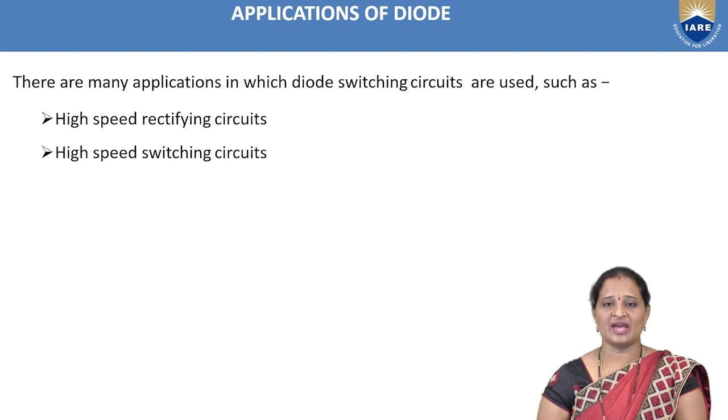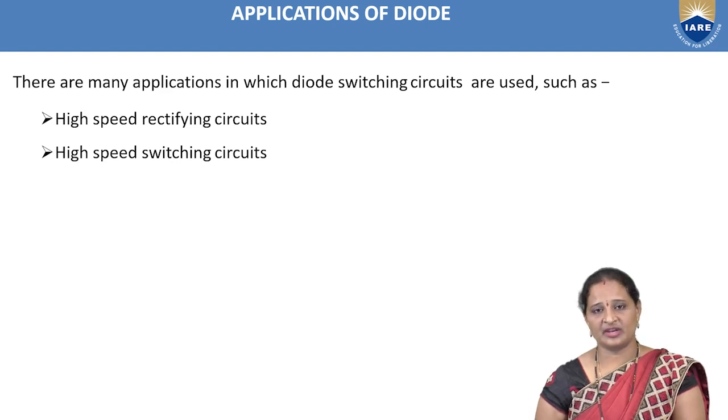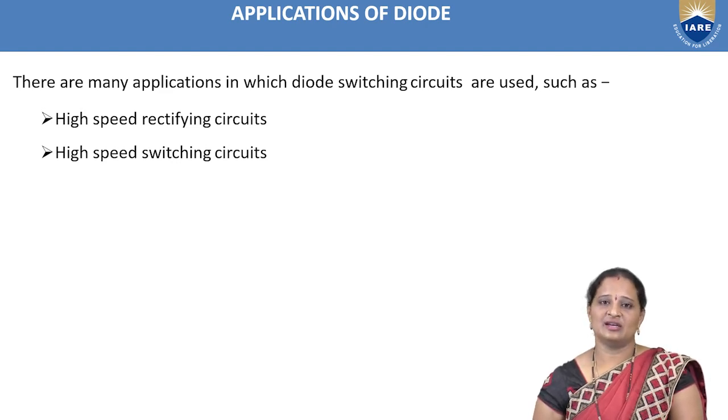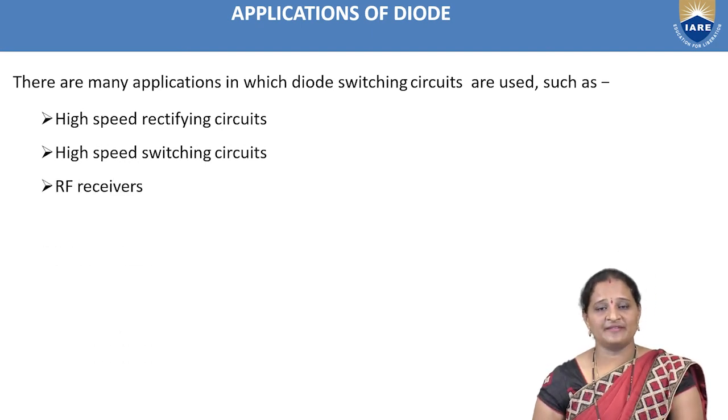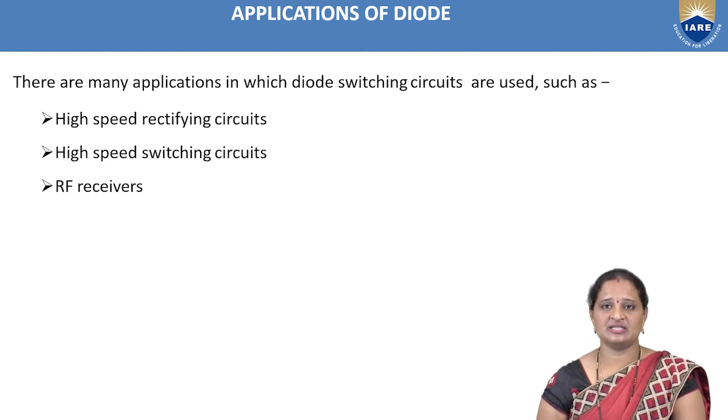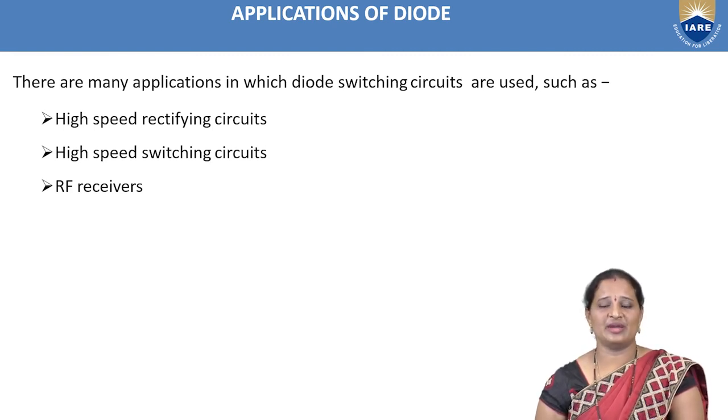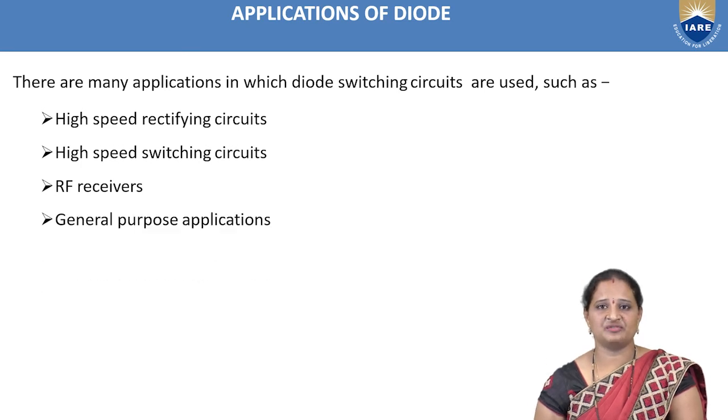As I told you, by reducing the reverse recovery time, we can use the diode as a switch, so that we can use it in high-speed switching circuits wherever the switching can be done faster. Next, RF receivers. These are radio frequency receivers. This is a major application in the communication field. And general purpose applications, we can use a diode.